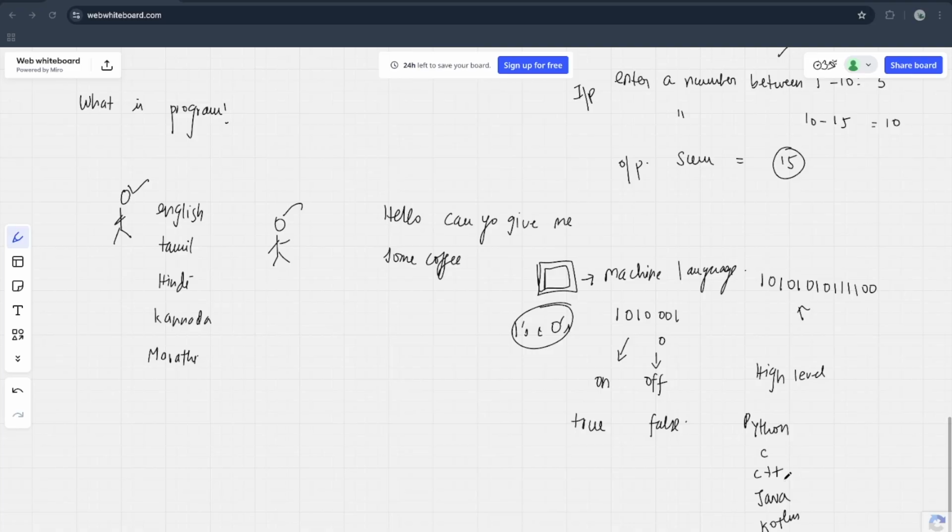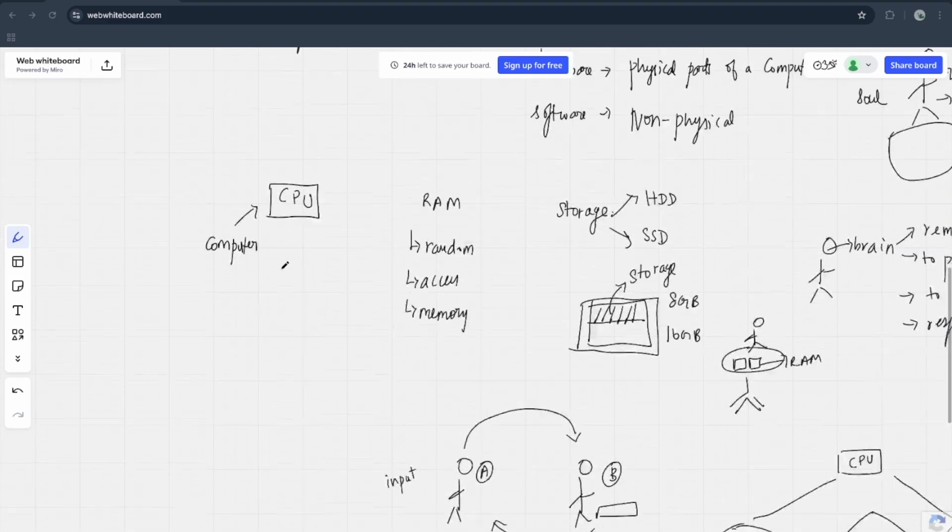In order to communicate with the computer, we need a programming language. There are levels of programming language. We are choosing high level programming language because that will be understood by humans. In order to communicate with the computer, we have high level language, and that will be converted into machine level language to feed the instruction. So that's how programming languages exist.